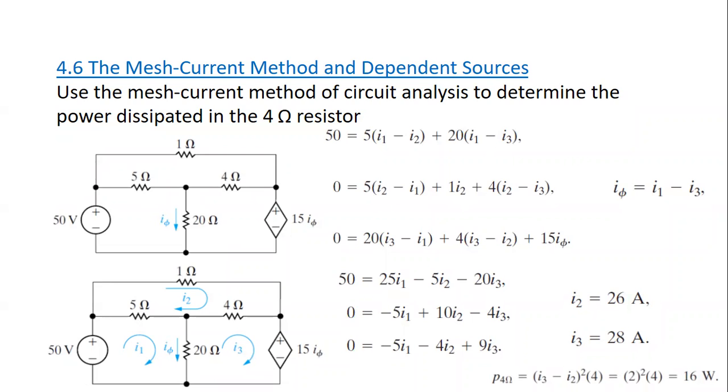The direction of these mesh currents should be the same: if you assign them clockwise, all of them should be clockwise, or all of them counterclockwise. For our course, let's always assign them in the clockwise direction, so we will be on the same page with the textbook and with the examples that we will solve.